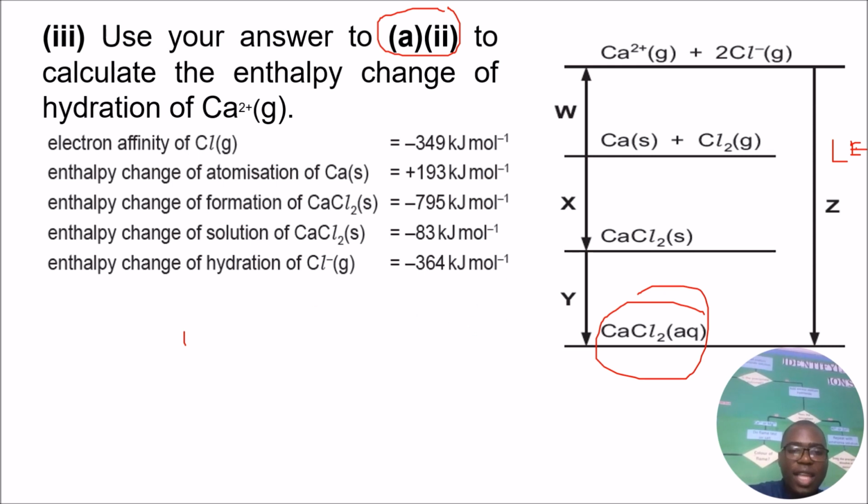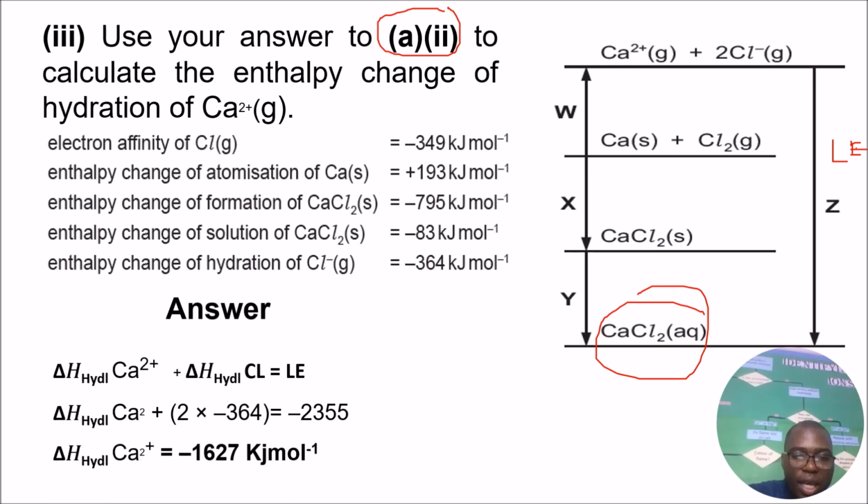Understanding and data collection is very important with regards to solving these things. So here we are saying enthalpy change of hydration of calcium plus enthalpy change of hydration of chlorine will give us the lattice energy, or the enthalpy. I said this lattice energy is the same as the enthalpy change of hydration of the whole thing. So that's what you do there. This one here, if you want, you can make it x. Then there's a 2 in front.